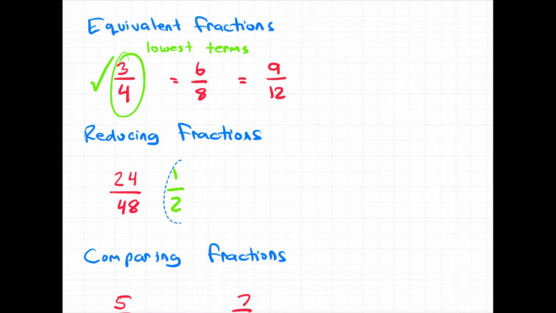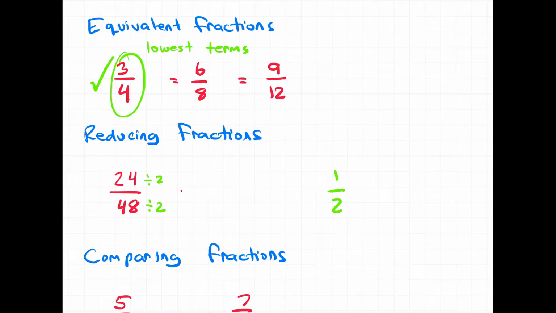Now, some of you may not be able to see that right away, so what we're going to look for is common factors that will divide into the numerator and the denominator. So this would be using your divisibility rules, and an easy one to recognize right away is 2. Okay, so you can see that I can divide this by 2 and divide that by 2. That will keep them equivalent and just make it smaller.